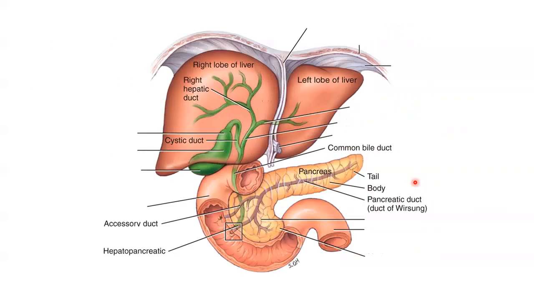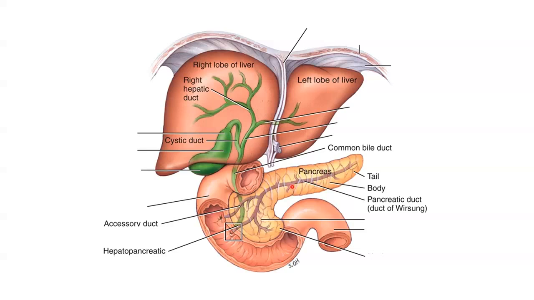So once more, taking a closer look at those structures, this is our cob of corn looking pancreas here, and you can see it sitting in one of the curves of the small intestine, particularly the duodenum. Remembering the pancreas has both endocrine and exocrine functions, which we'll talk about more in the next lecture. But for the exocrine function, pancreatic juices are released into the pancreatic and the accessory duct.